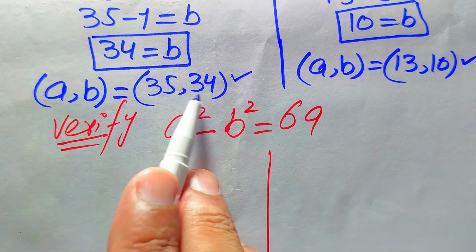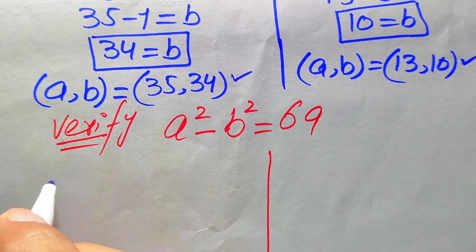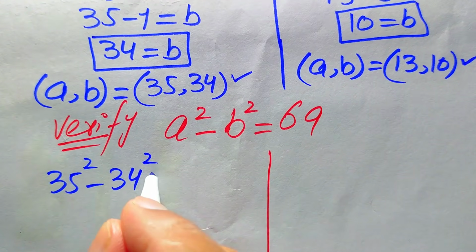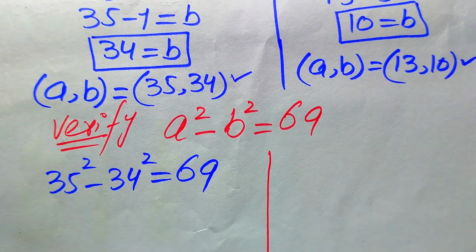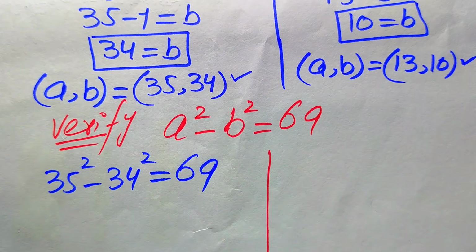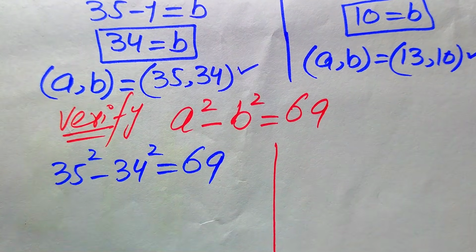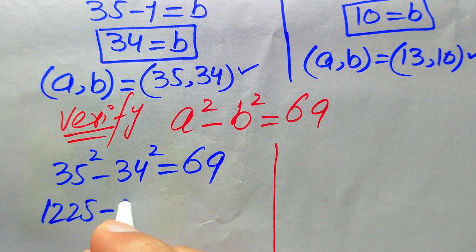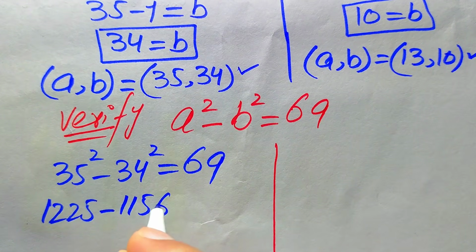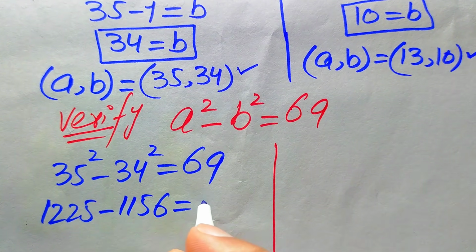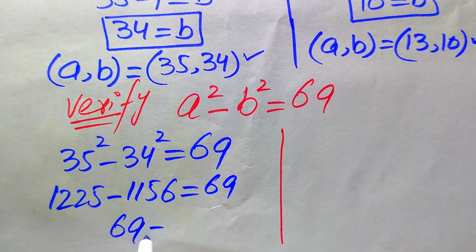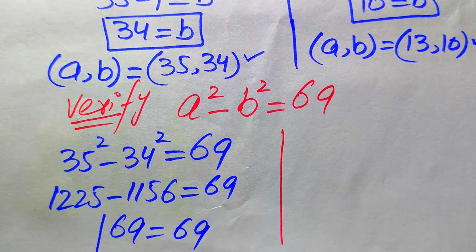First we substitute a = 35 and b = 34: 35² − 34² equals 69 or not. 35² is 1225, and 34² is 1156. Subtracting these two values, we easily get 69 = 69.